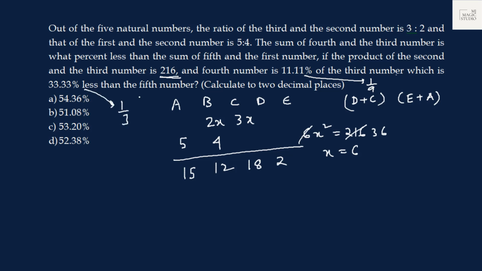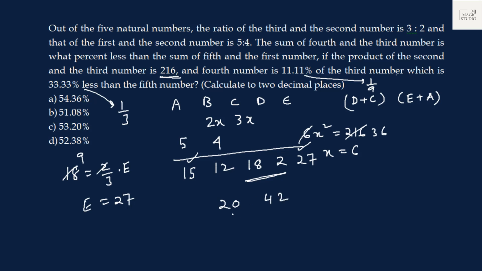Which is, that means 18, third number, which is 33.33%, that is 1/3 less than the fifth number. That means third number is 2/3 of the fifth number. Fifth number is 9 into 3, that is 27. Now C plus D is 20 and E plus A is 27 plus 15, that is 42.